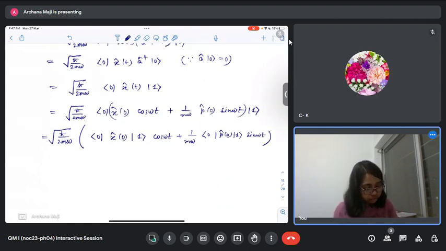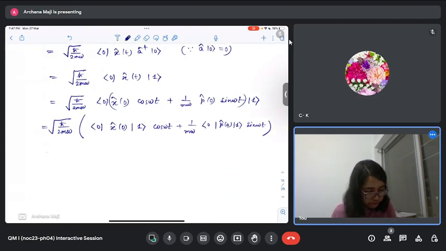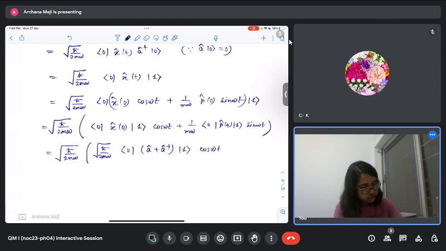Okay, now x of 0 is square root h cross over 2m omega <0|(a plus a dagger)|1> cos omega t, plus 1 over m omega times p(0), what was the expression of p?